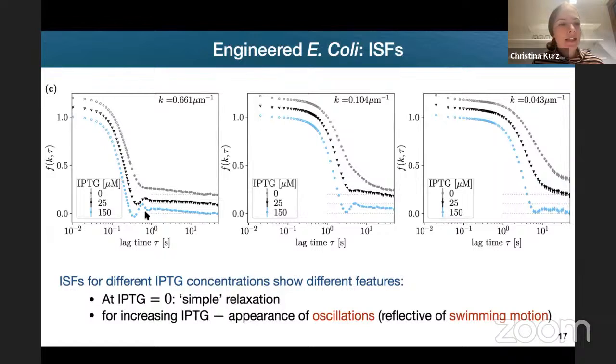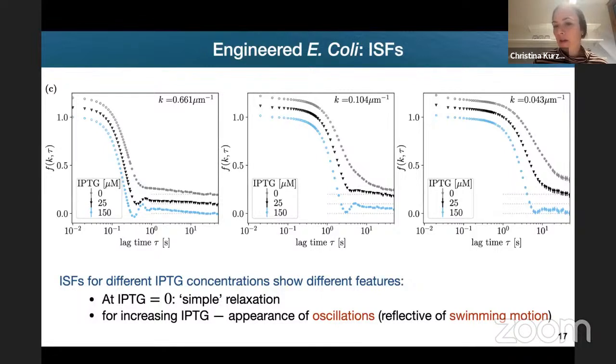We look at IPTG 0, 25, and 150 micromolar, and you see essentially two distinct features. The ones with a high IPTG have these oscillations, and I told you before that oscillations are a fingerprint for swimming motion of the cells. And at IPTG 0, we see these simple relaxing exponentials. So we would think that the cells are tumbling in that case.